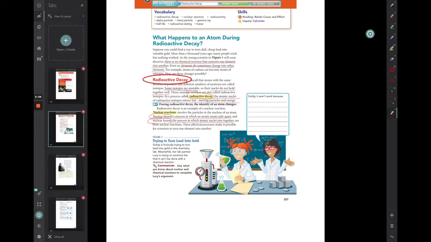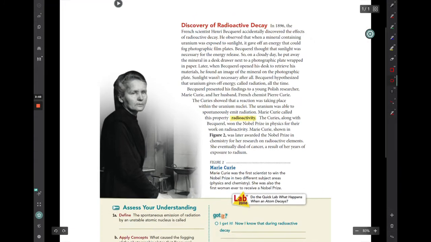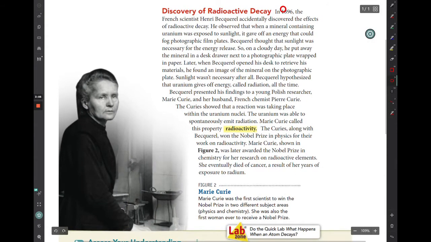So how was all of this discovered? It came about actually kind of as an accident back in 1896. There was a French scientist, hopefully I get his name right, Henri Becquerel, who accidentally discovered the effects of radioactive decay.